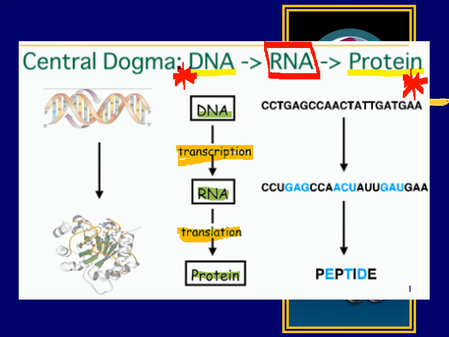Furthermore, transcription consists of three phases: initiation, elongation, and termination. And translation also consists of three phases: initiation, elongation, and termination.